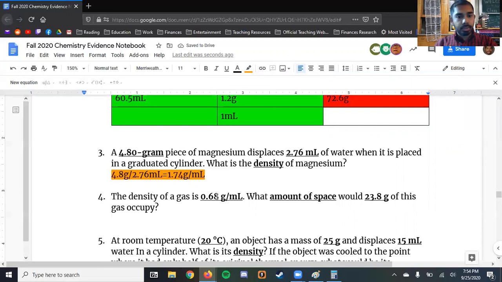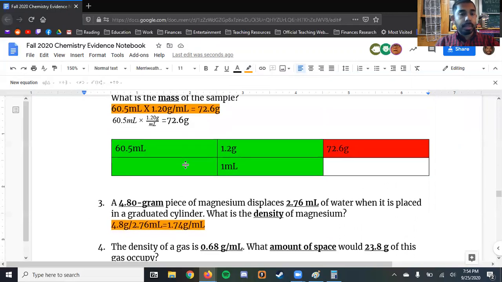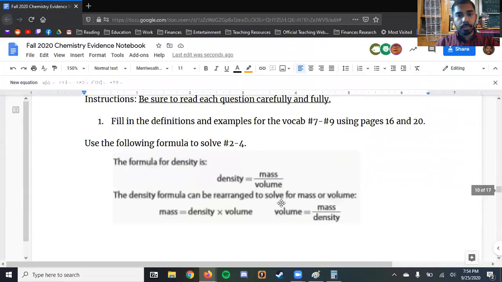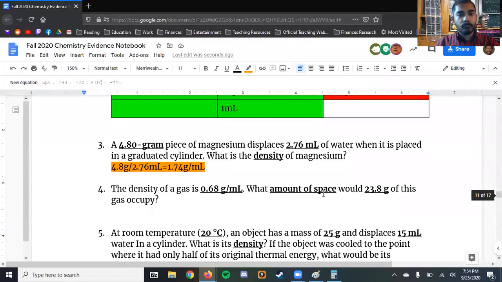The density of a gas is 0.68 grams per milliliter. We're asked to find the amount of space 23.8 grams of gas would occupy. So amount of space, that's volume. To figure out the volume, we just divide mass by density.